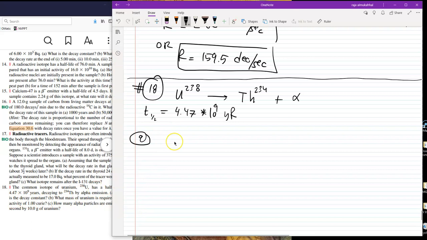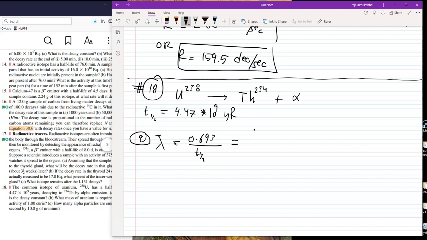He wants lambda, the decay probability constant. So lambda, well, what is lambda? Lambda is 0.693 divided by t half, is that right? And I have everything.